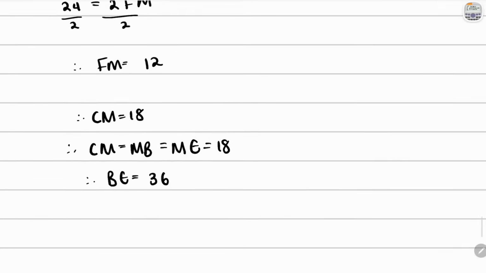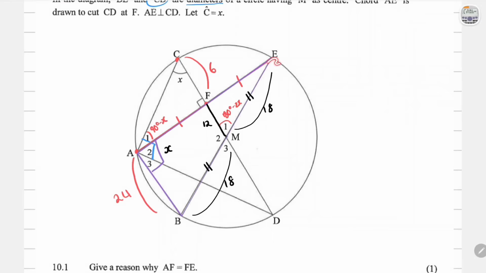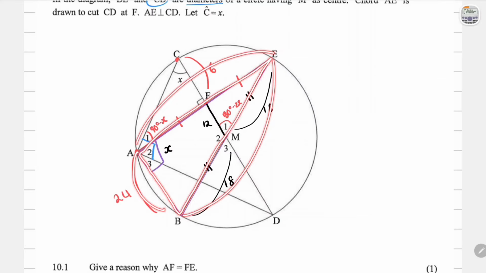And now that we have that, we can finally find the length of AE. So here's the whole thing. This is a right angle triangle and we have shown it is right angled. And now we have AB and we have BE. Since we have those two lengths, we can find AE using Pythagoras.